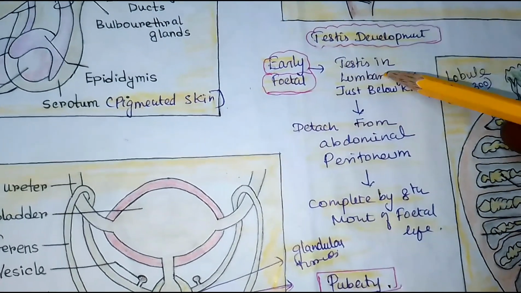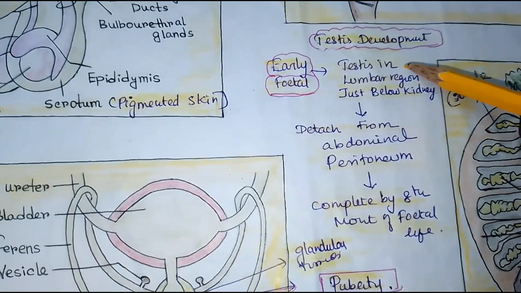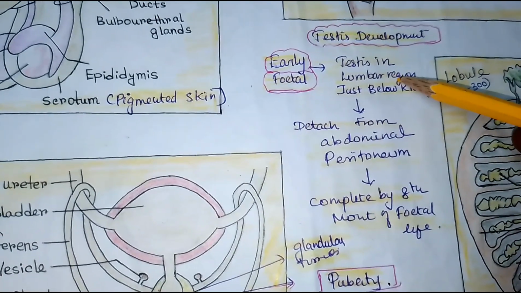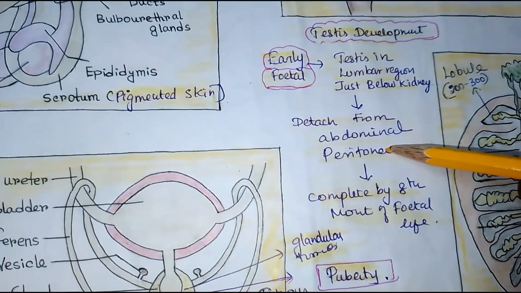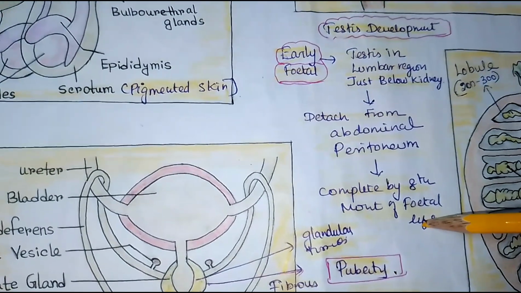If this process does not take place, listen to me very well: the testis, already developed in the lumbar region, comes through the abdominal cavity, detaches from the peritoneum, and goes to its original position.